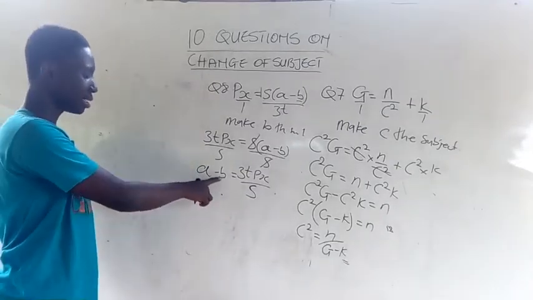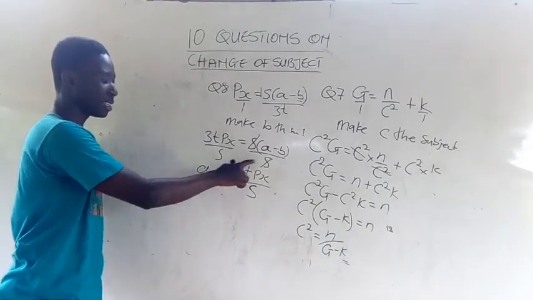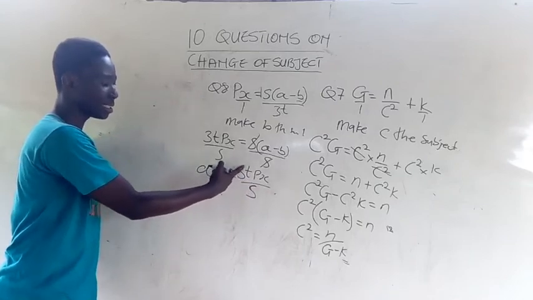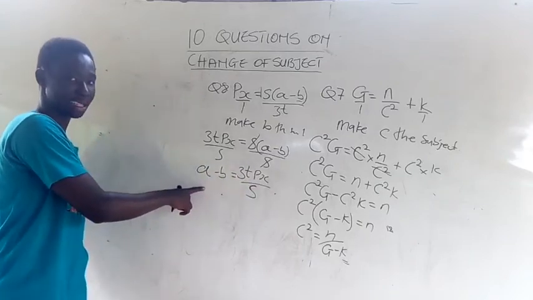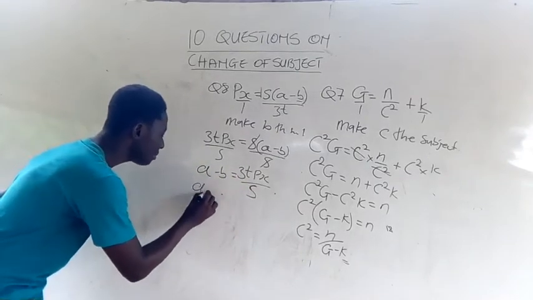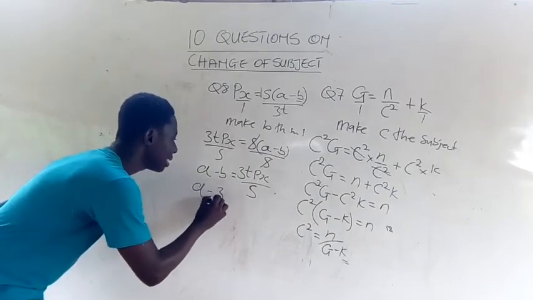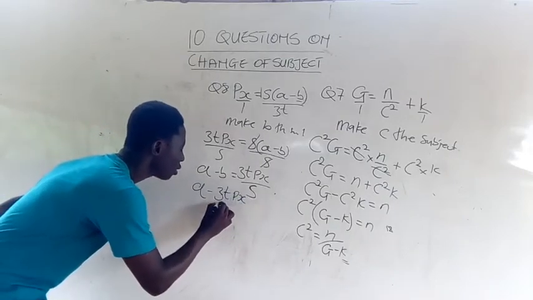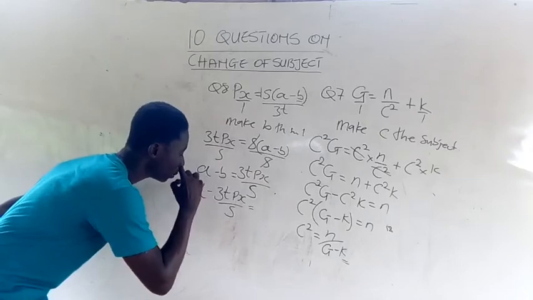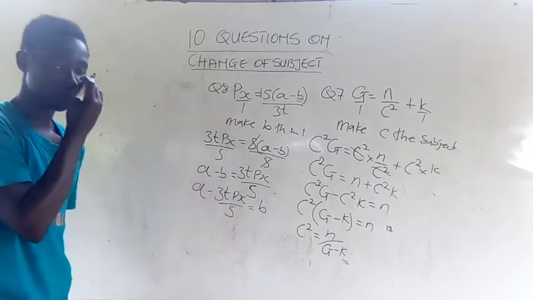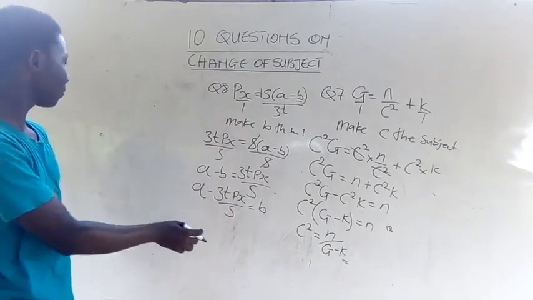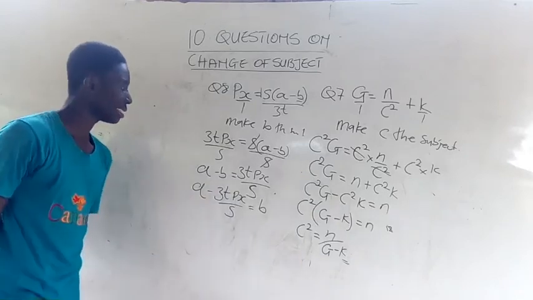Now you want b, so we are going to send minus b to the other side and bring the whole of this to this side. So you are going to get a minus 3tpx all over s is equal to plus b. And this will be our answer for question number 8.